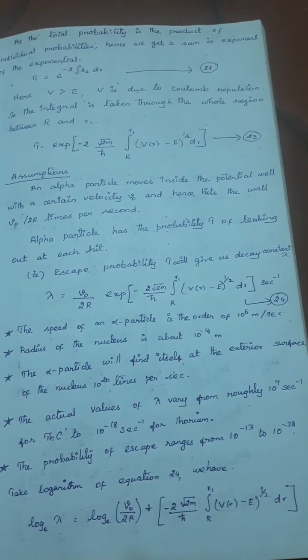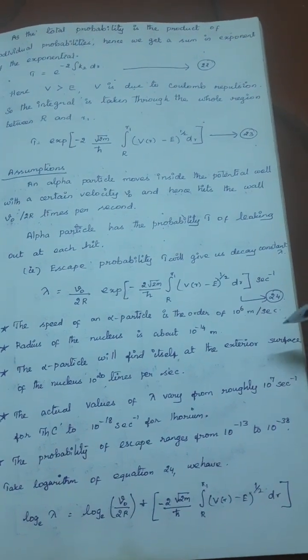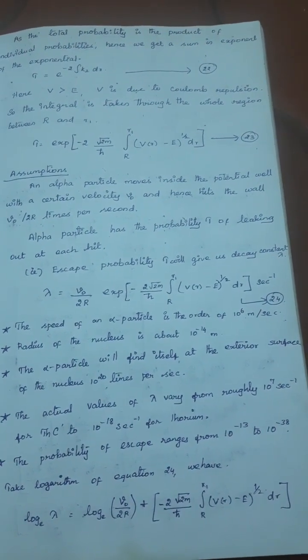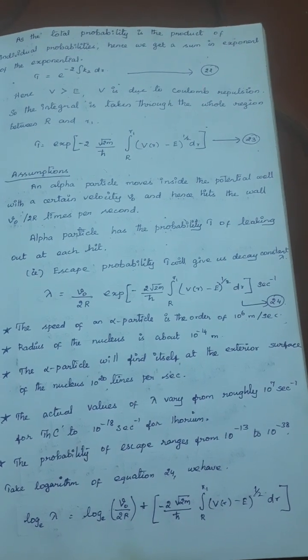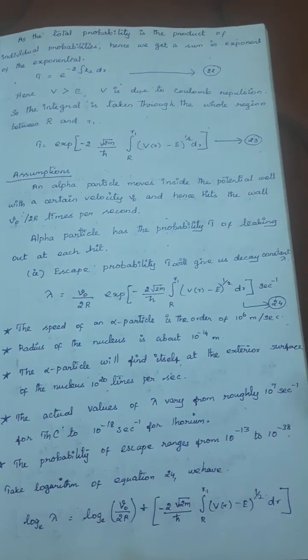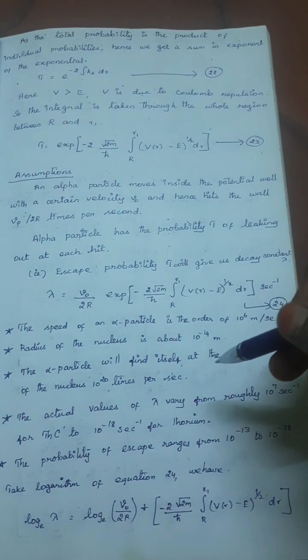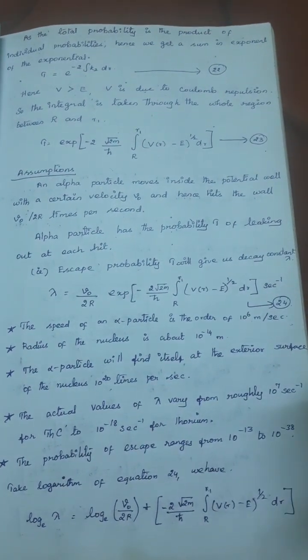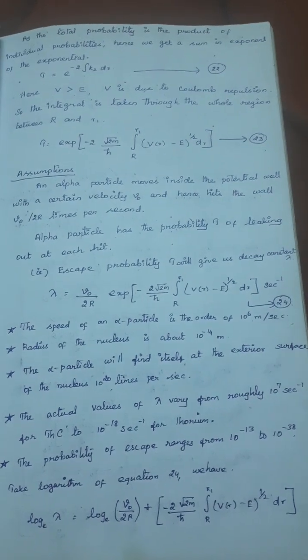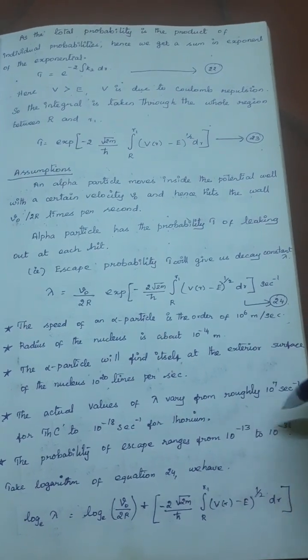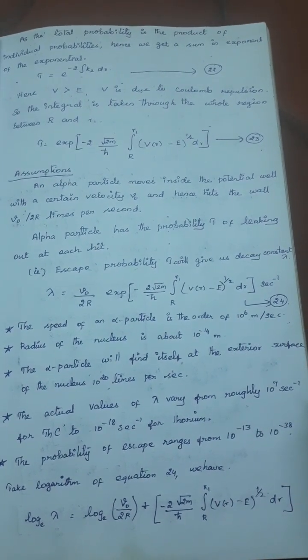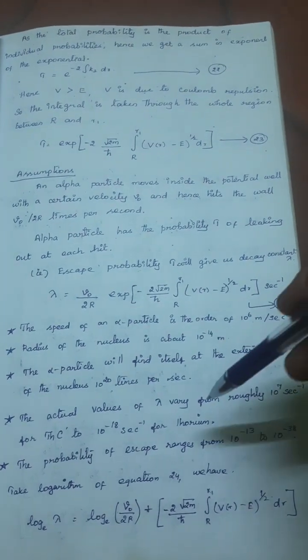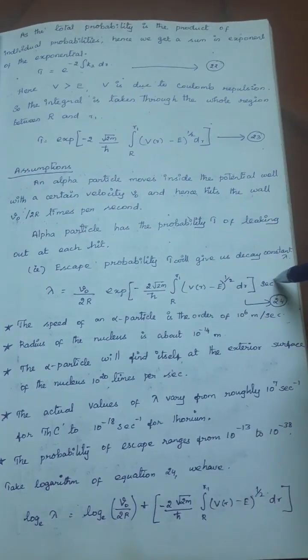At the same time the alpha particle will find itself at the exterior surface of the nucleus 10 to the power of 20 times per second. So the actual value of the decay constant, lambda, for thorium is 10 to the power of minus 18 second power minus 1. The probability range, that is the escape range, may be 10 to the power of minus 13 to minus 38.